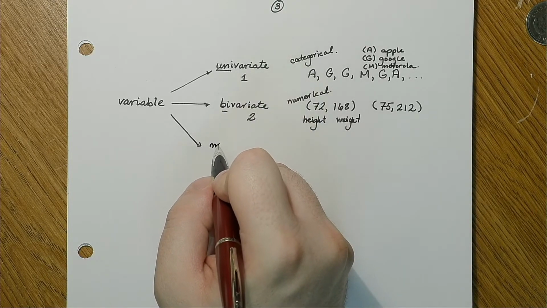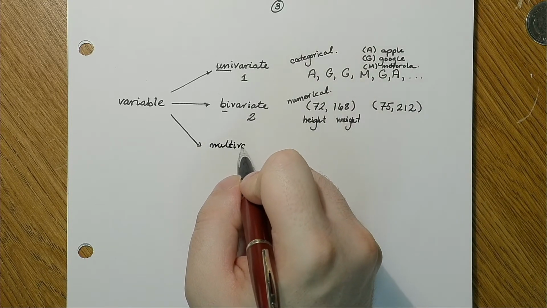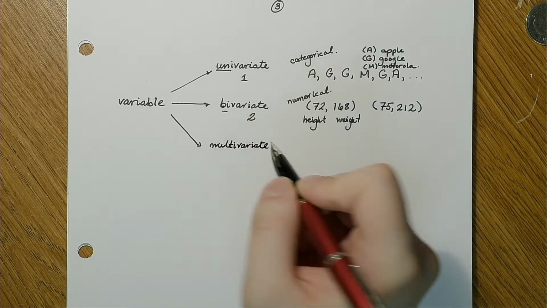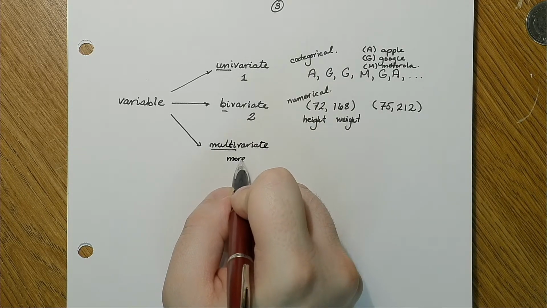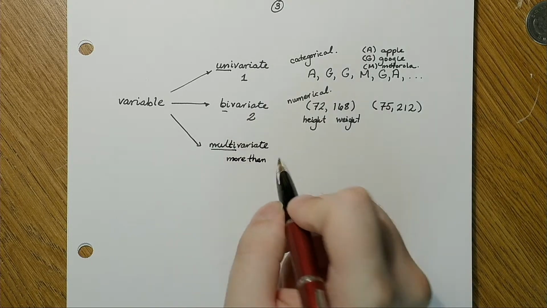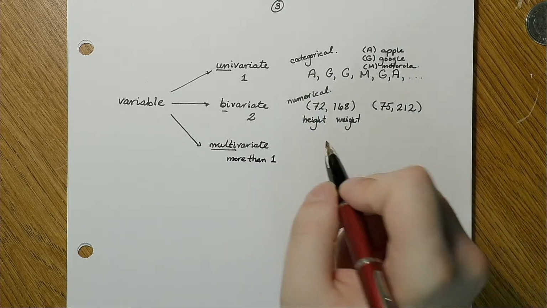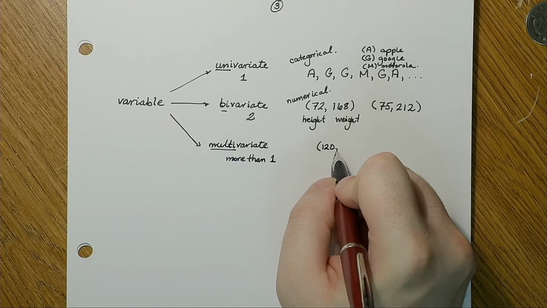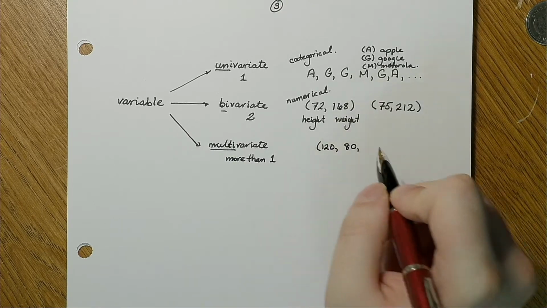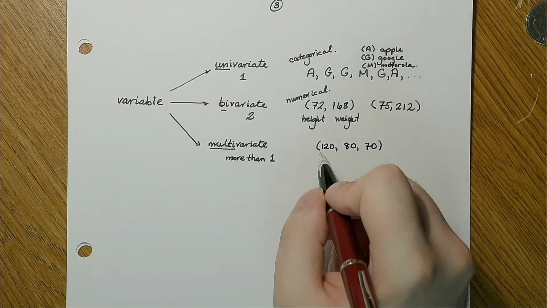And so we go 1, 2, and then many. So we'll go multivariate. And that's more than one. In that case, I can do 120, 80, and 70. And in this case, I'm thinking of a patient.